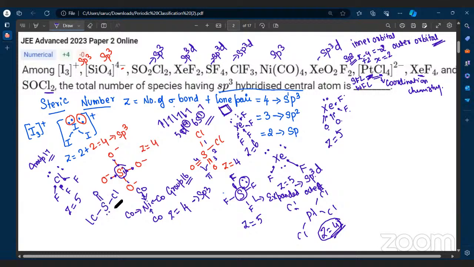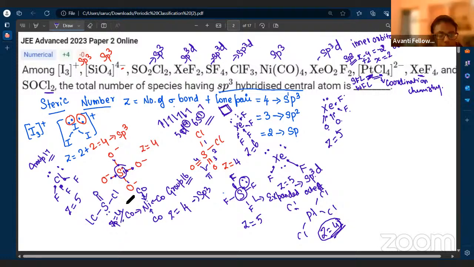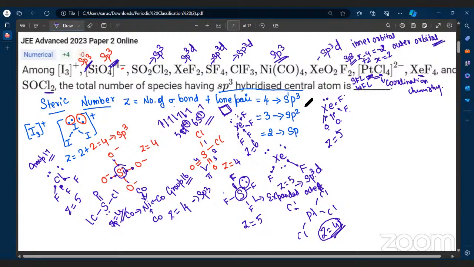So 1, 2, 3, 4, 5, 6. Therefore, what will be the hybridization? sp3. Now what is the total number? Count: 1, 2, 3, 6.